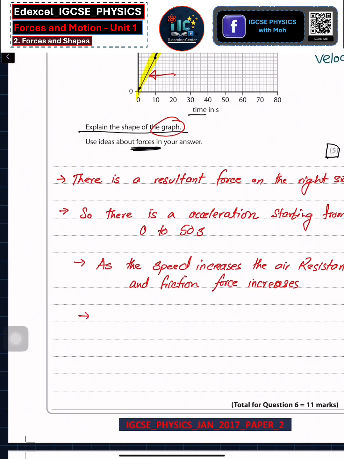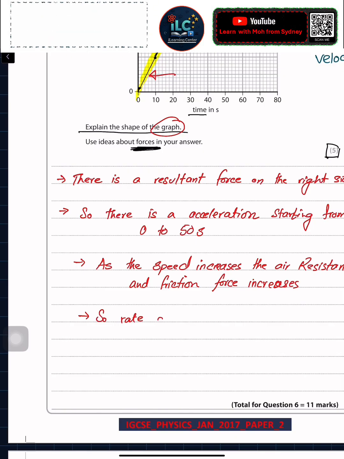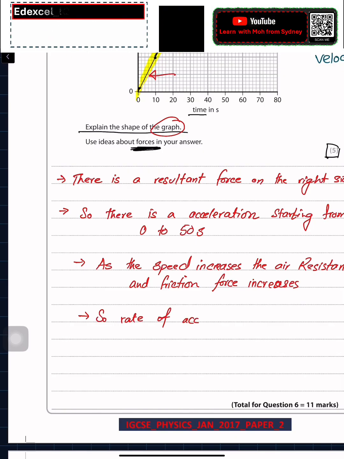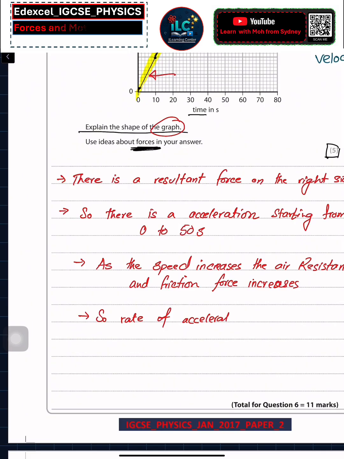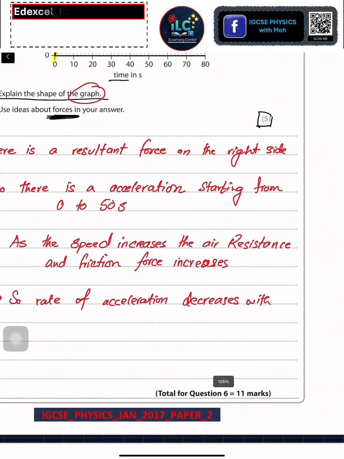So the rate of acceleration decreases with time.